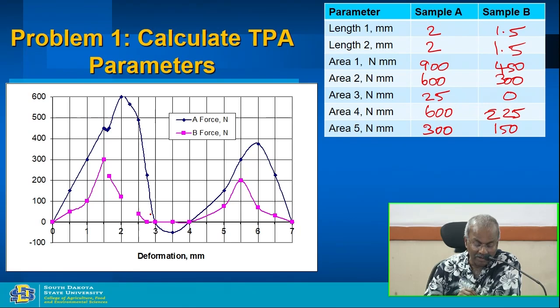Yeah, I know, but we have to approximate every time, right, correctly. Let me think about it. Sample B is the pink color. Area 4 is this. So 300, 1.5, 450, 225, I put it correctly. And then this is 150, 1.5.